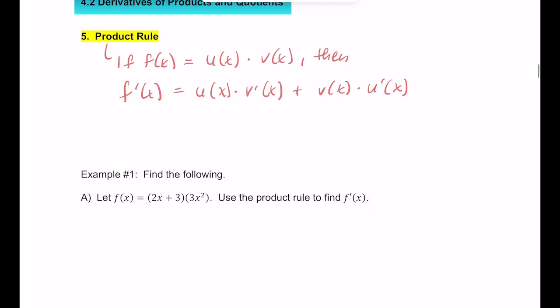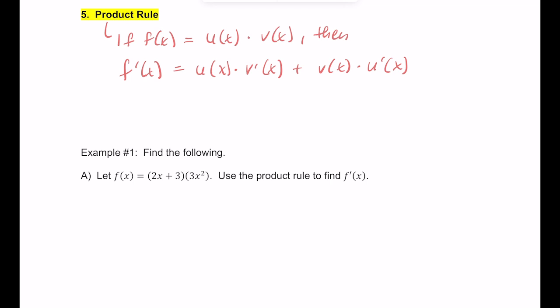Let's see how we can apply that formula. So here we have a function, and it's made up of 2x plus 3 times 3x squared. So I can essentially let u of x equal the 2x plus 3, and I'm going to let v of x equal 3x squared.